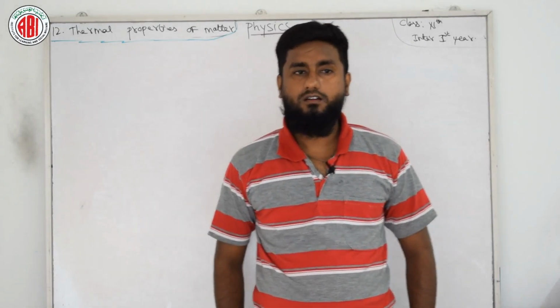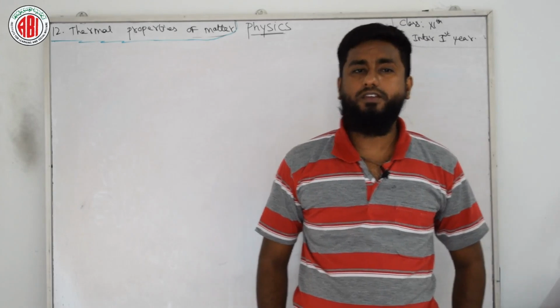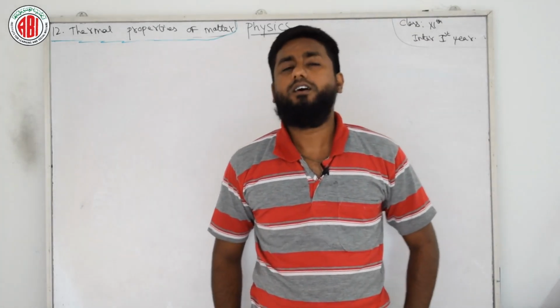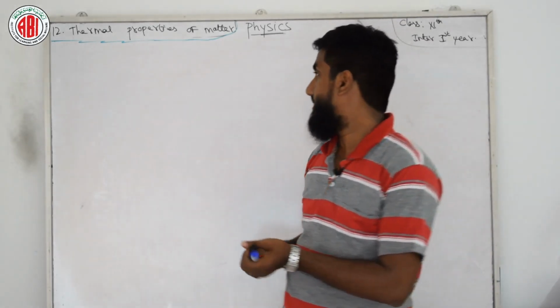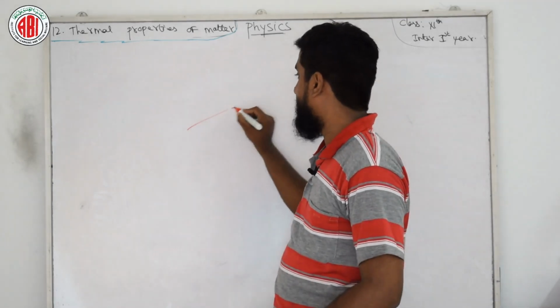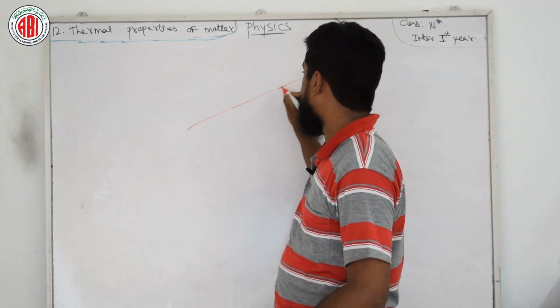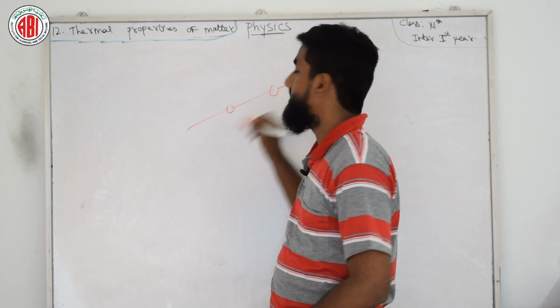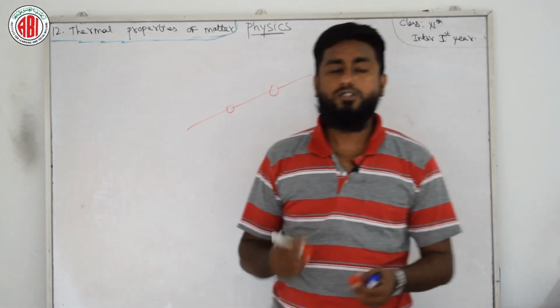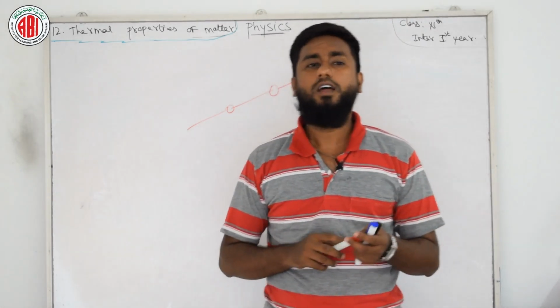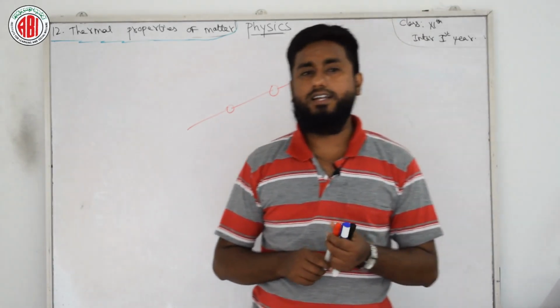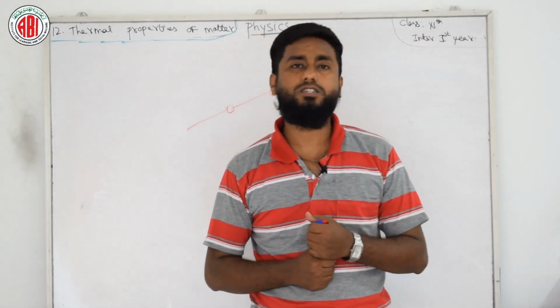Next, why are gaps left between rails on a railway track? On a railway track, you might have seen gaps between one track and another. What is the reason to keep these gaps? The answer is, a small gap is left between two rails at the joints to allow thermal expansion in summer.